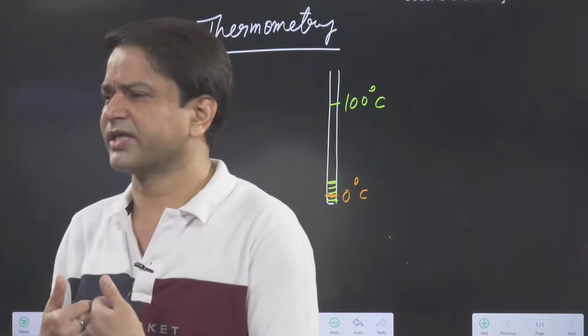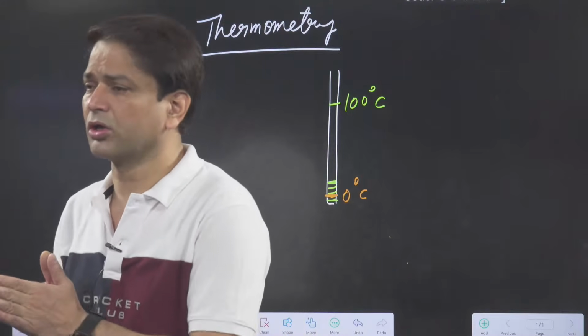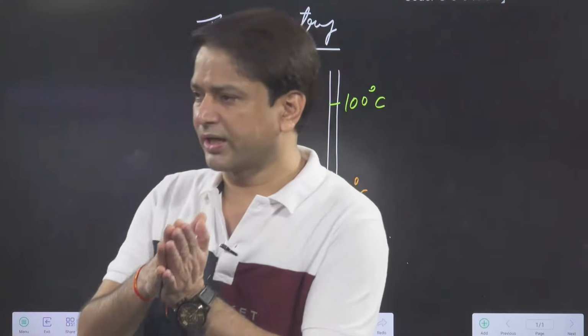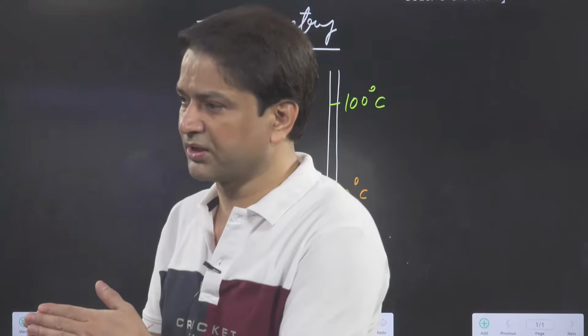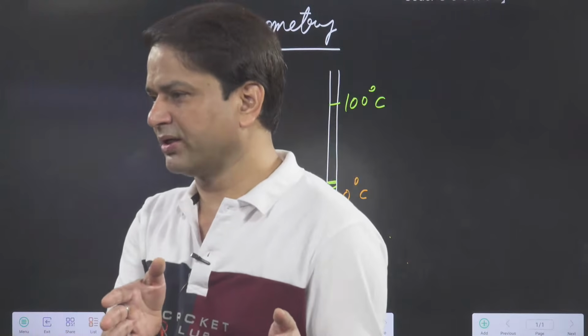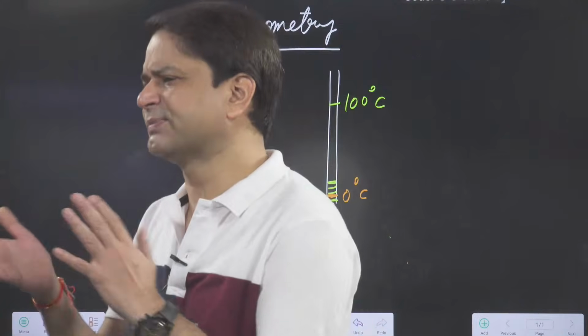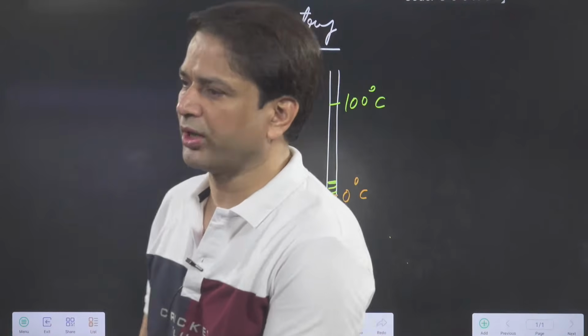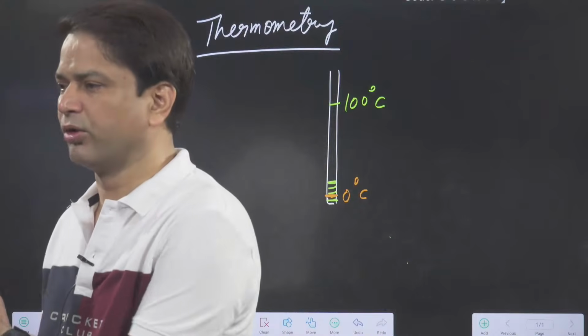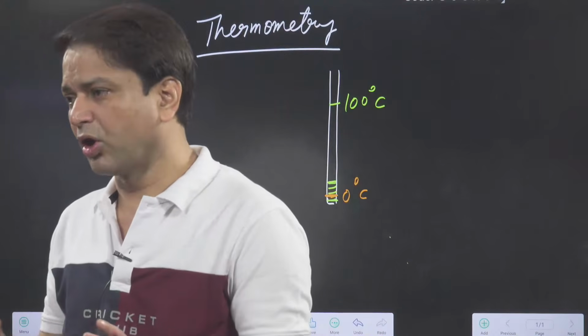And different scales we were using. Everybody got it or not? So in old thermometry we were using two reference temperatures. One was the ice point or freezing point, the lower fixed point, LFP, and the other is the boiling point or upper fixed point, UFP. Everybody got it or not?